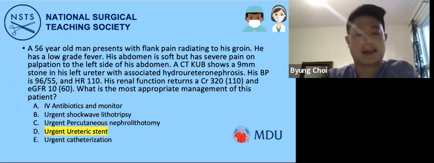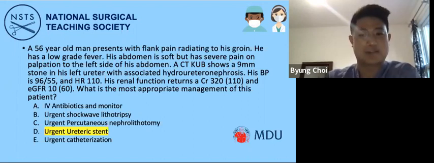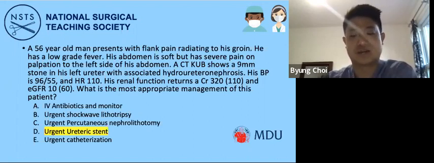So I don't think they would give you both, but in an urgent setting where it's essentially a surgical and urological emergency, you would do that. A stent or a nephrostomy to decompress them. And then you think about, okay, let's treat the sepsis, let's get them a bit better, and then see what we do about the stone. So it's a bit of a tricky, tough question.